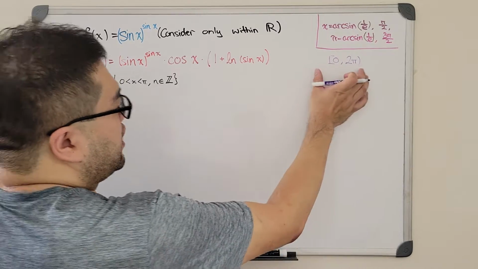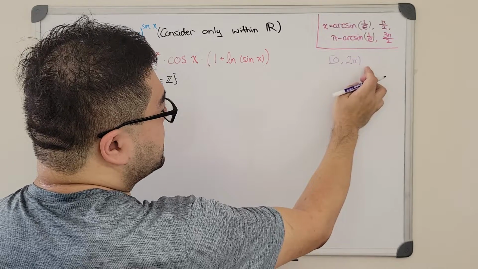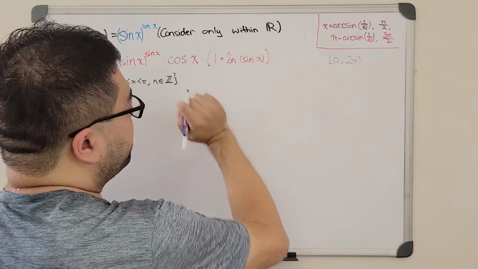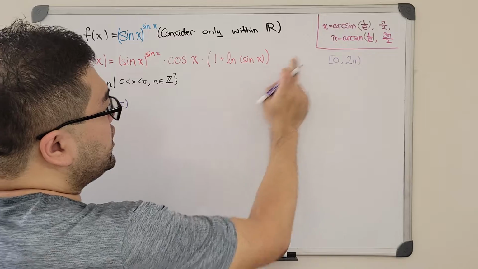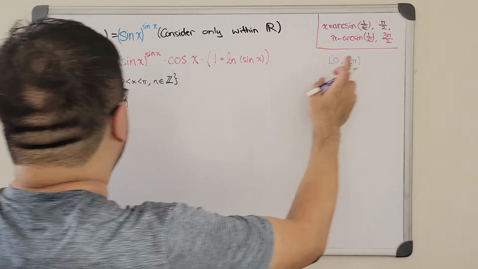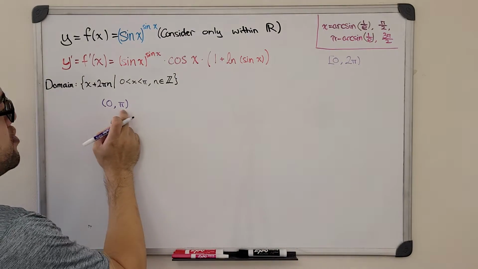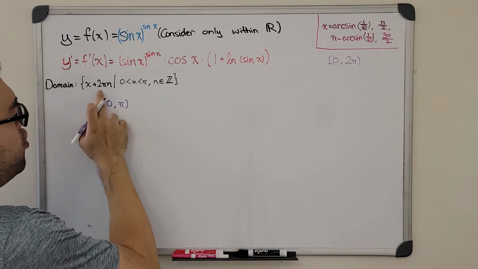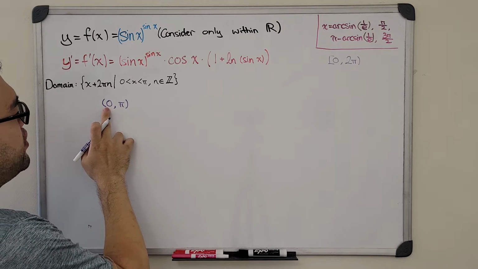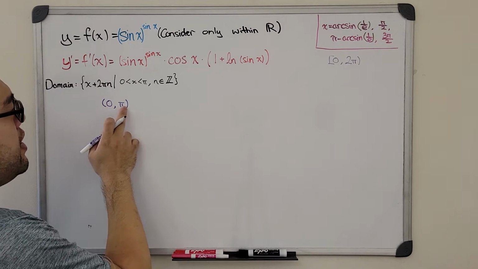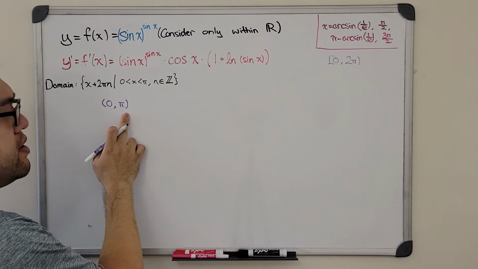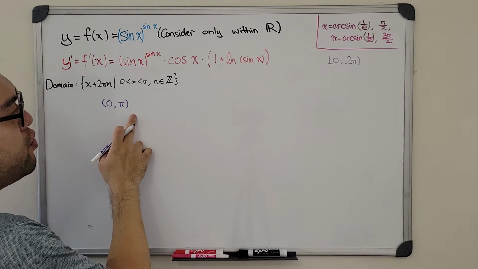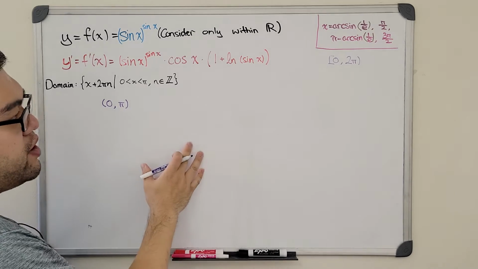Anyway, if we consider one period of the sine function, we have these 4 values, but only from 0 to pi, the open interval, meaning that if we exclude the 2 endpoints, all the values in between 0 and pi will be part of the domain.